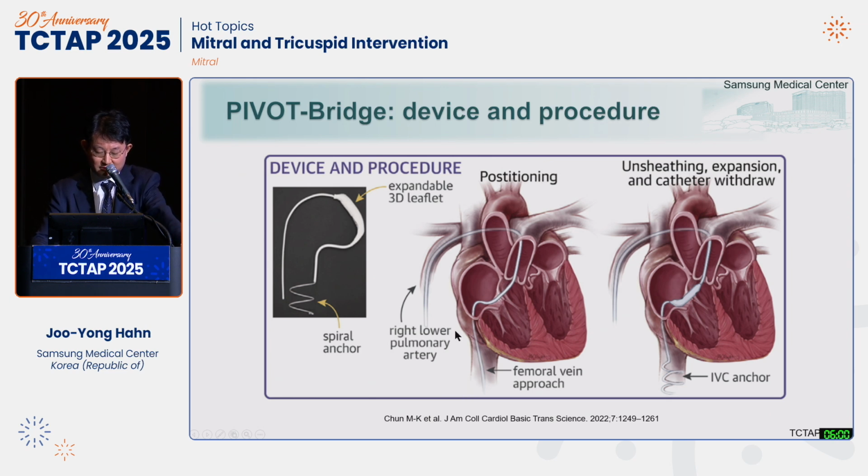The guide wire is located in the right lower pulmonary artery, and the Pivot TR delivery system is advanced over the guide wire. Then the delivery catheter is gently unsheathed to allow the 3D spacer to expand, and further unsheathing of the delivery catheter allows the spiral anchor to be deployed at the IVC.